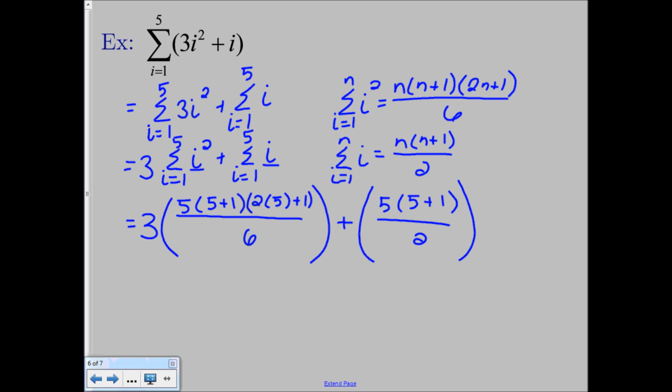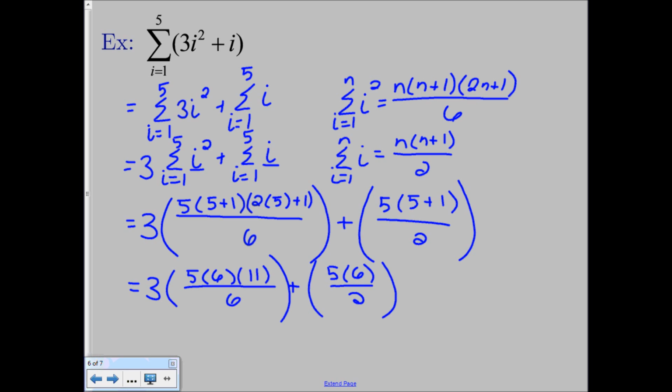So now we're just going to simplify with our numbers. So we're going to get 3 on the outside still here, 5 times 6, and then 2 times 5 is 10, plus 1 is going to give us 11, all over 6, end our parentheses, and plus 5 times 6 over 2.